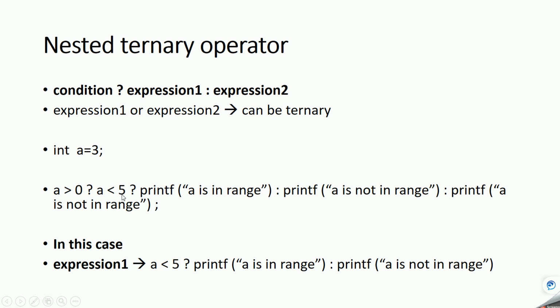Yes, 3 is less than 5, so this will become true. So this expression one is in turn another ternary, as you can see from here to here. This is another ternary operation, meaning a conditional statement. So you can nest it, and in this case it will check whether the value is in the range of 0 and 5. You must keep in mind that you can nest the ternary operators.